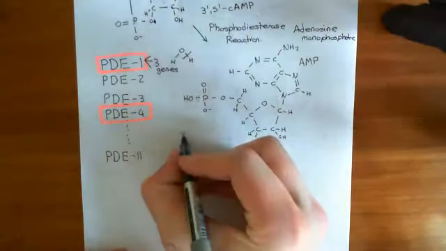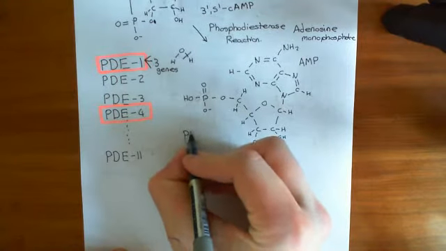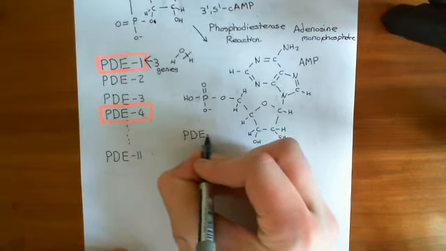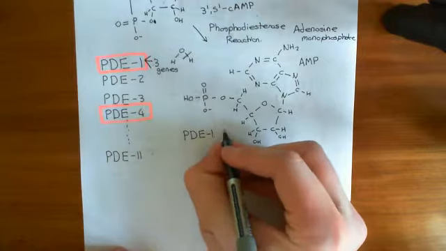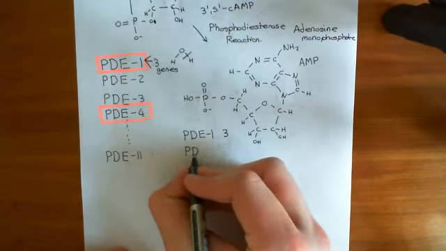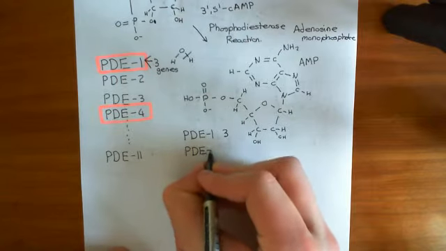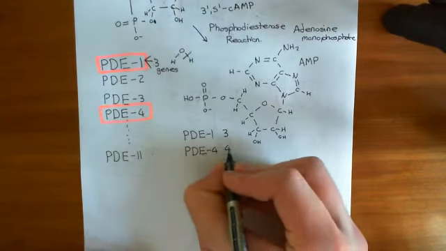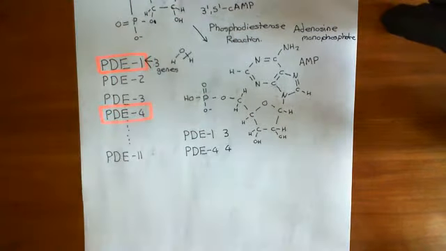So I've told you that the phosphodiesterase 1 family consists of 3 genes. So how many genes are in phosphodiesterase 4? Well, in the phosphodiesterase 4 family, there are 4 different genes which all code for enzymes which are similar enough to be considered in the same family.